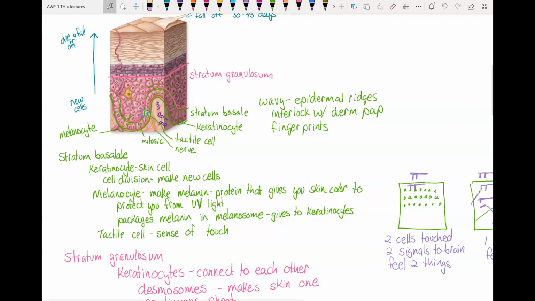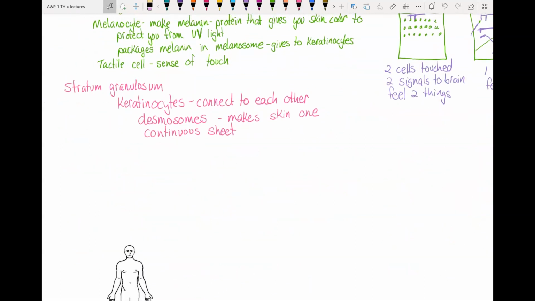Then you have this yellow cell here. This is an epidermal dendritic cell. So also in the stratum granulosum, you have epidermal dendritic cells. This is an immune cell.